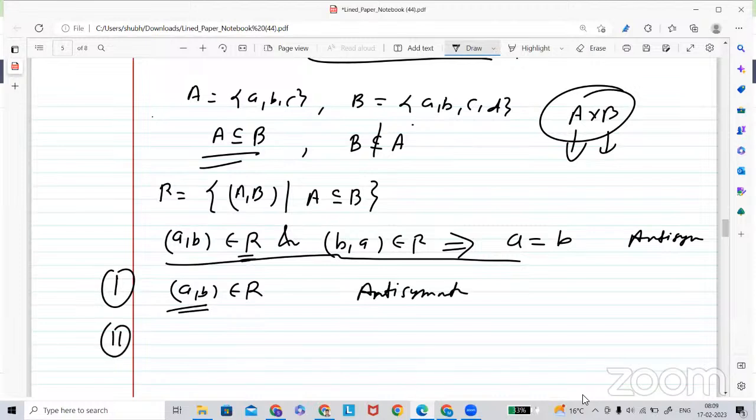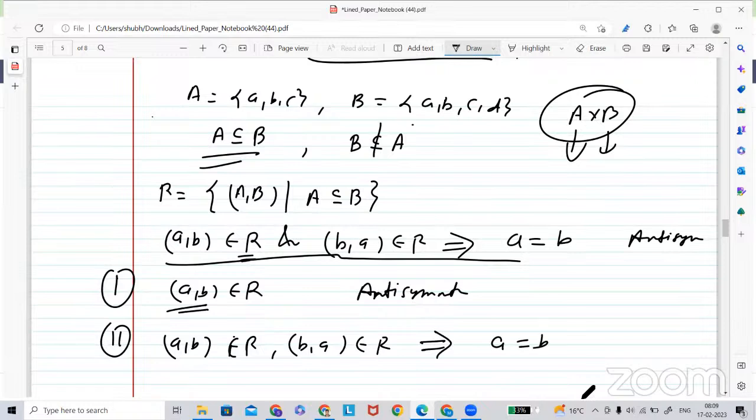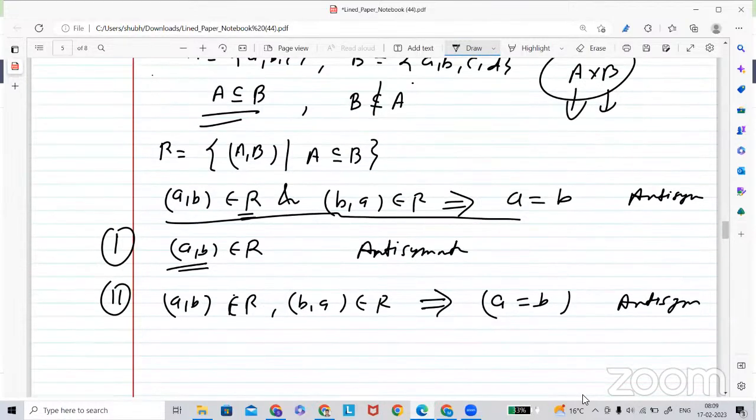And the second case: if AB belongs to R and BA belongs to R, this should imply A equal to B. Then it is antisymmetric. The first one is antisymmetric because for each element, the swapped element is not in R, so it is not following the second condition.